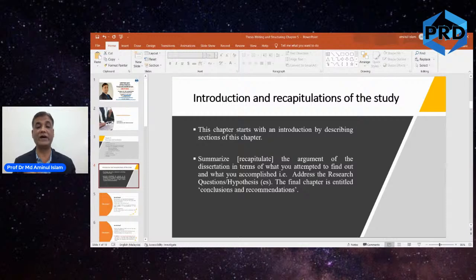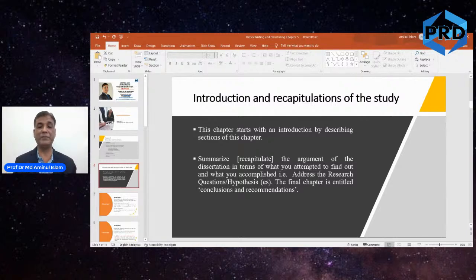You are reminding the reader of the research questions that you talked about in chapter 1. So when a reader reads chapter 5, they remember, all right, these are the research questions the researcher attempted to answer. Otherwise, the reader has to go back to chapter 1 and come back to chapter 5. So you want to make the examiner's life easy.